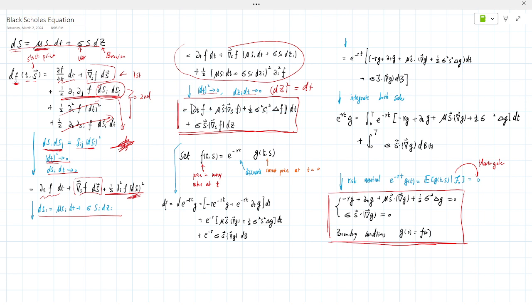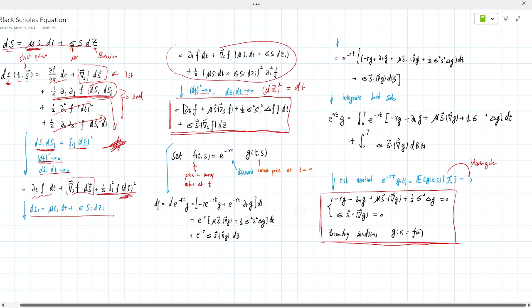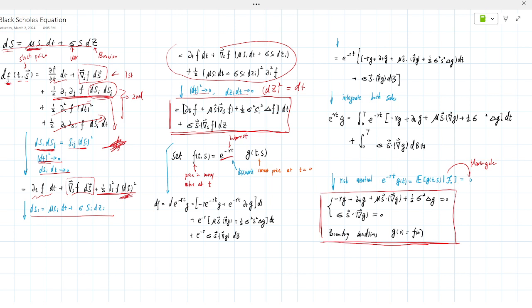We set the general function as the price of the stock in the money value at time t. So we need to discount it by e to the negative rt, where r is the interest, for instance, and where g is the money value at the current time.